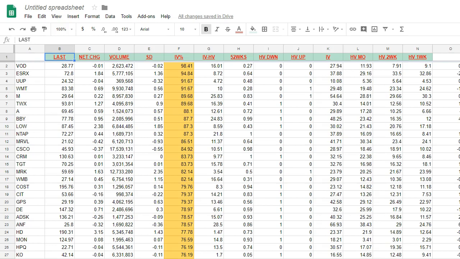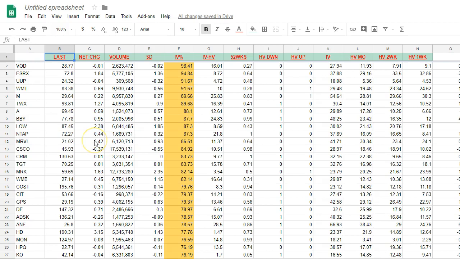So here we go. As you can see, this is the scan that I ran on today's Friday, May 11th, and I found roughly 150 to 160 stocks.